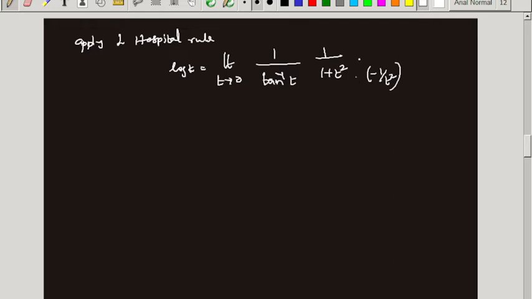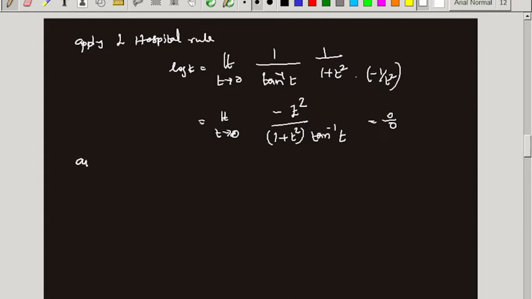We must have f of x by g of x, so here we do the reciprocal. We get minus t square dividing by 1 plus t square into tan inverse of t. So here if we apply 0, tan inverse of 0 is 0, so we get 0 by 0.